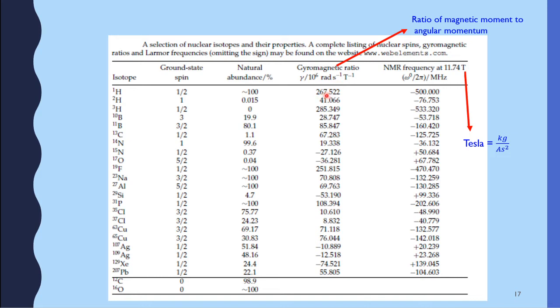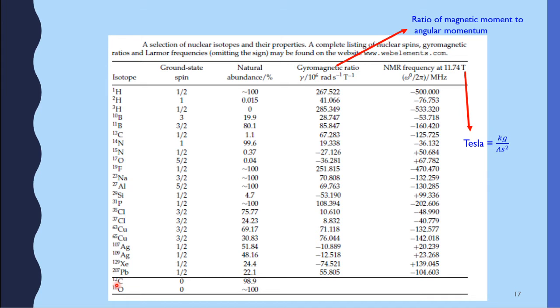This is 267 times 10 to the power of 6, with all these units, and this is the frequency at 11.74 Tesla. If you look at carbon 13, we're going to talk mainly about proton NMR. We call this hydrogen 1, we call it proton because it's only one proton. And then carbon 13 also has a spin of half.